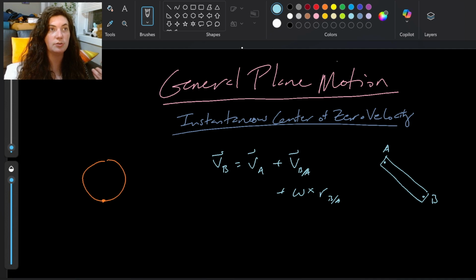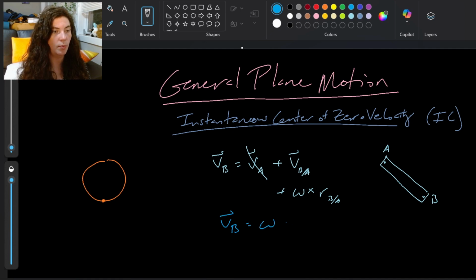But this equation gets really simplified if instead of using that base point A, we use some point that has zero velocity. And so we call this the instantaneous center of zero velocity. This is the point that we're using. And sometimes you'll see that point shortened to be called IC. So somewhere in the system, there is a point of zero velocity, and we've just got to find it. So that way we can use this simpler form of this equation.